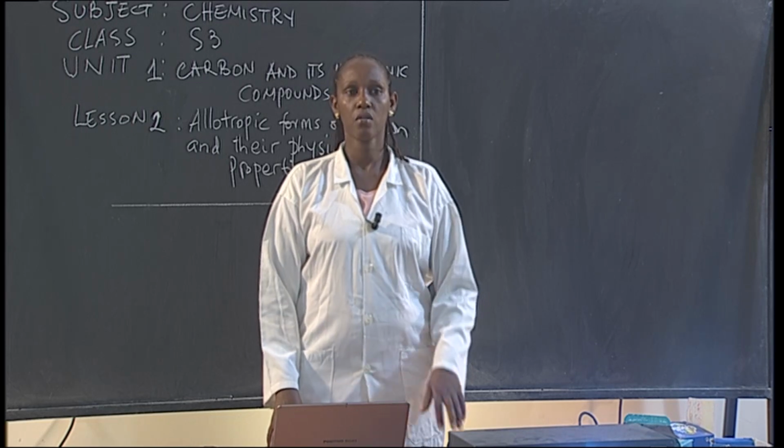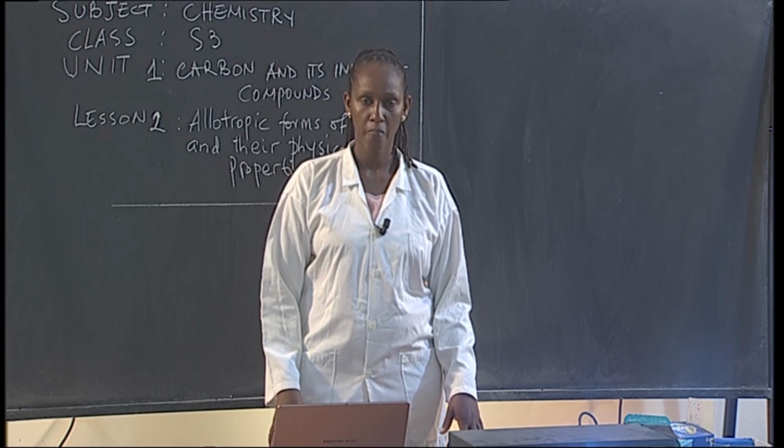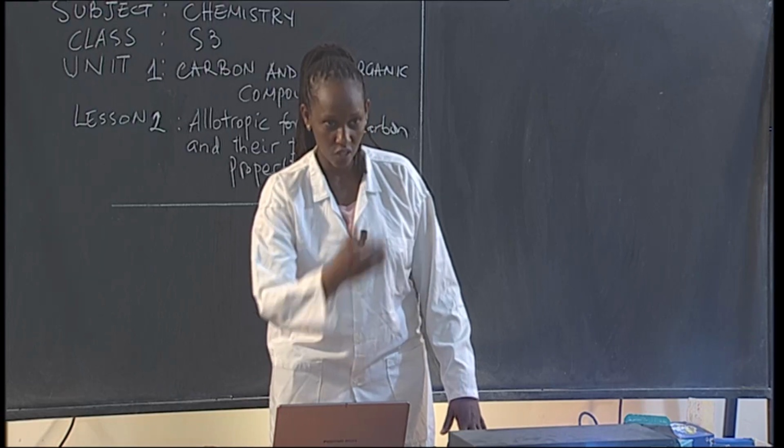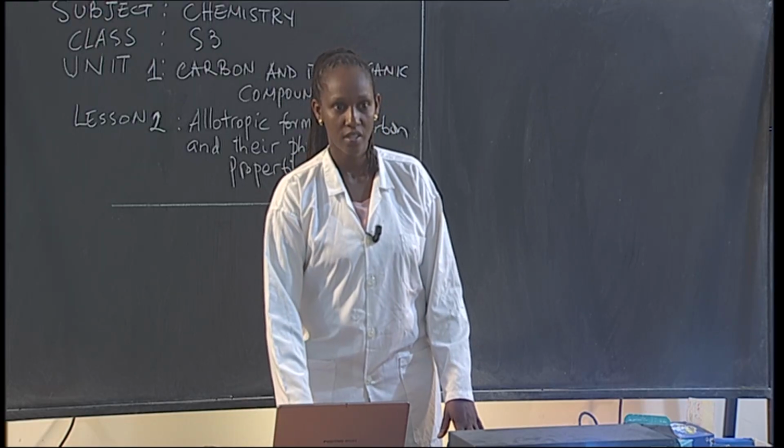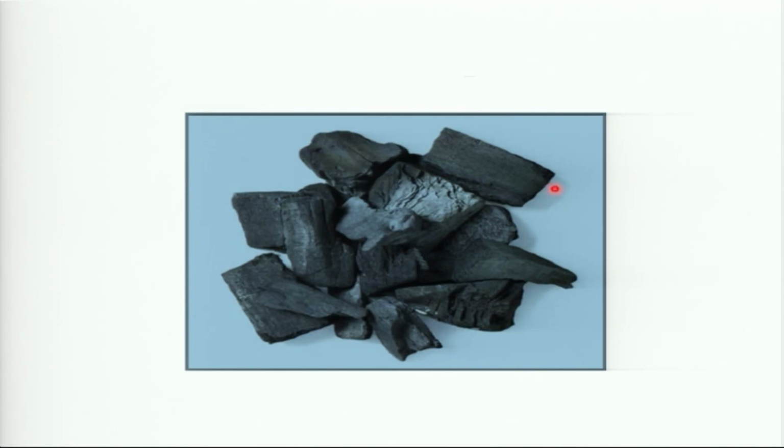There they form charcoal. This charcoal, I've tried to show you on the slide. That's how it is formed. They gather the wood, cover them, leave a small hole or entrance, introduce fire.